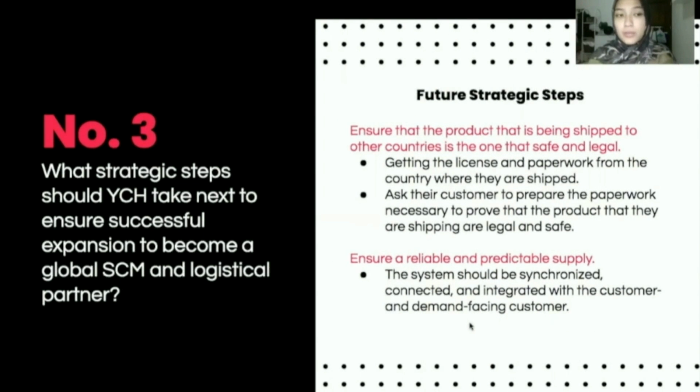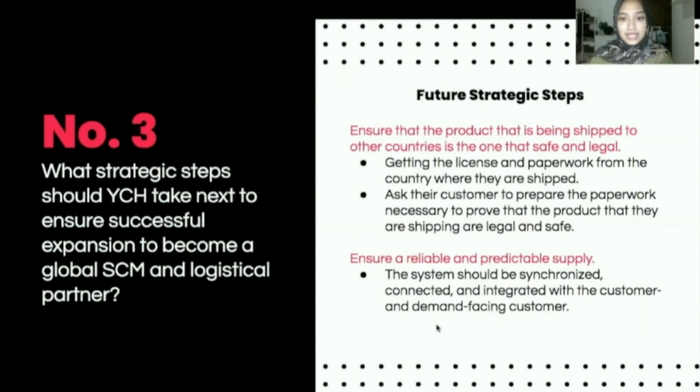And moving on to number 3, what strategic steps should YCH take next to ensure successful expansion to become a global SCM and logistical partner? So first, the step that needs to be taken by YCH is to ensure that the product being shipped to other countries is one that's safe and legal.